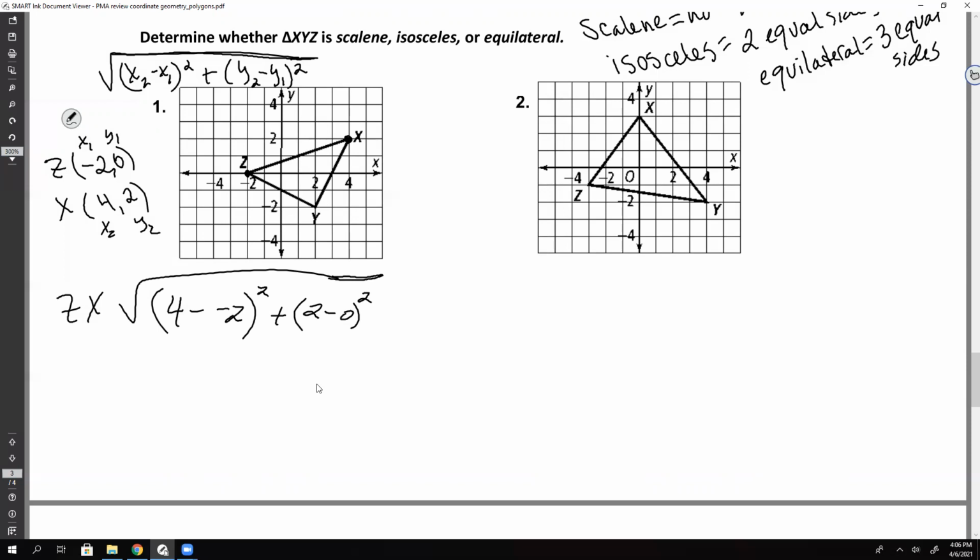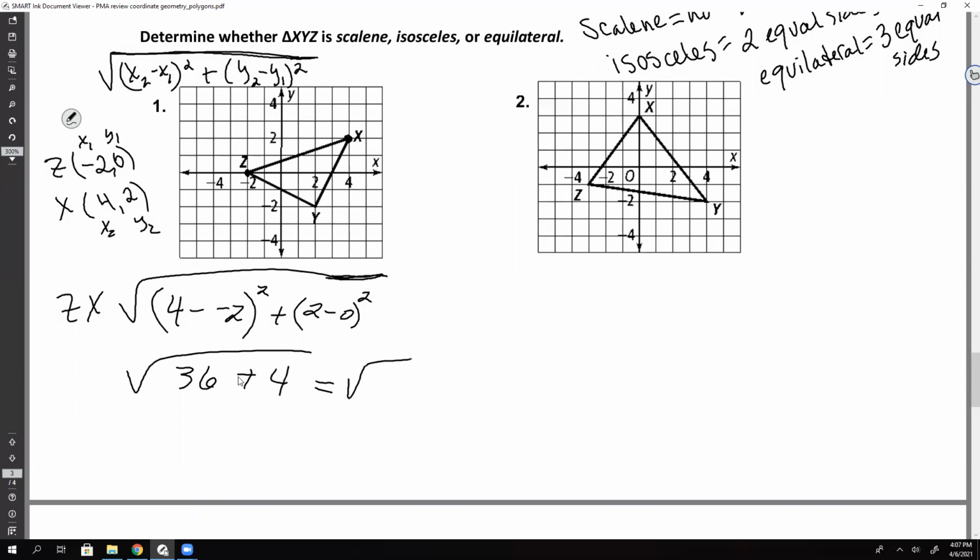Now you can usually type this into the calculator, but it depends upon how they're going to ask you to do your answer. So I'm going to calculate the inside first. We have 4 minus a -2. That's going to be 6. And when you do 6 squared, you get 36, plus 2 minus 0 is 2, and 2 squared is 4.